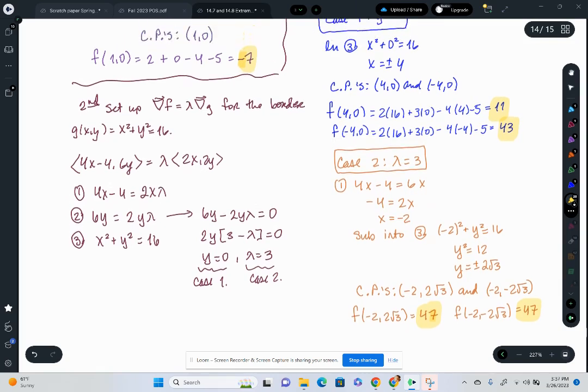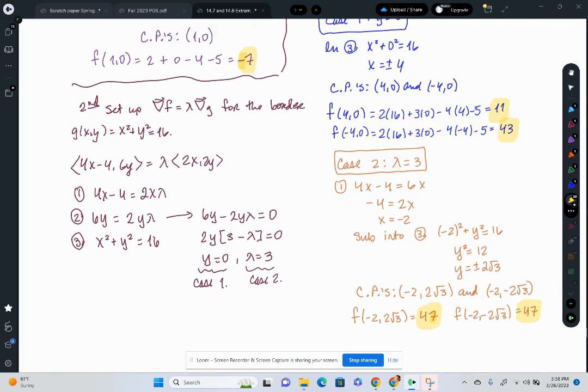Okay, so you can see we've got a few things highlighted. We have a number of values from critical points. We have negative 7, which appears to be the smallest. And we have 11, we have 43, and we have 47.